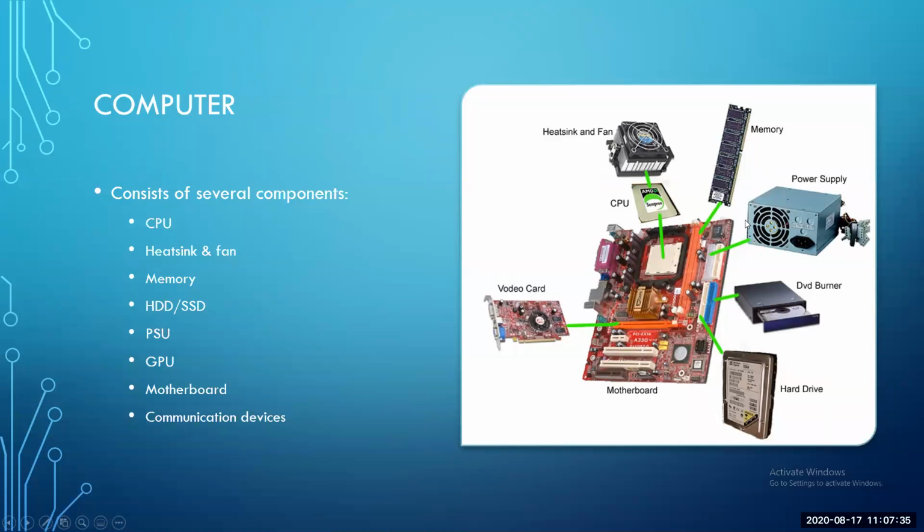There's a power supply unit, responsible for powering all these different components and converting AC current from the wall to DC current. We have our GPU, or video card. There's actually a typo right here. Then the motherboard is what all these different components sit on. And then we have our communication devices, which are network interface cards, such as our Ethernet adapters and our Wi-Fi adapters. I'll talk about each one of these in more detail in the following slides.